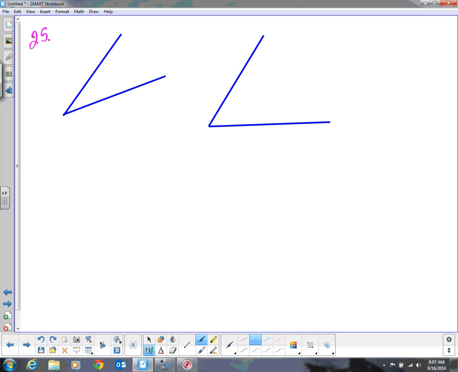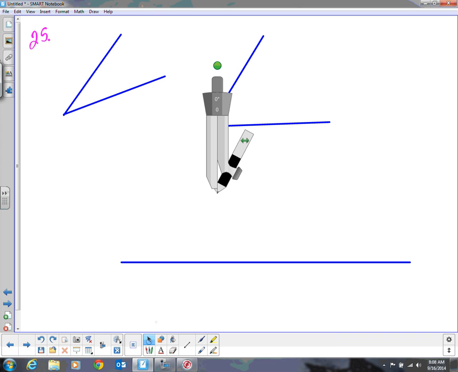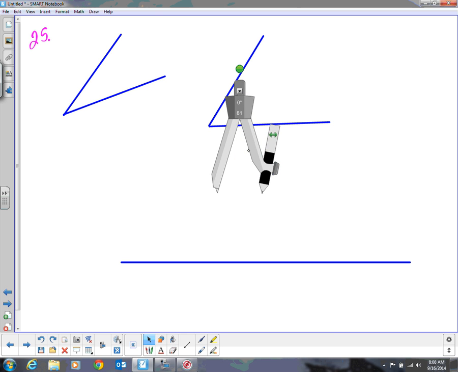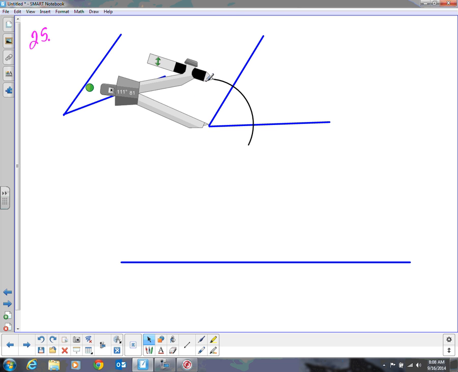All right. So you're going to begin with a segment and a compass. You're going to open your compass however wide you want to open it. You're going to put it on this angle, and you're going to draw an arc.